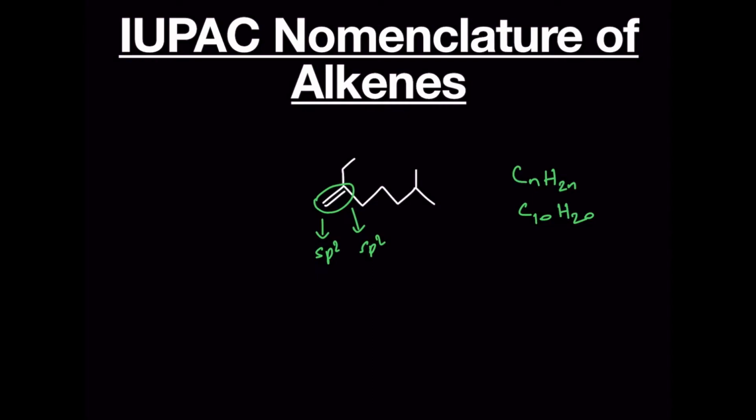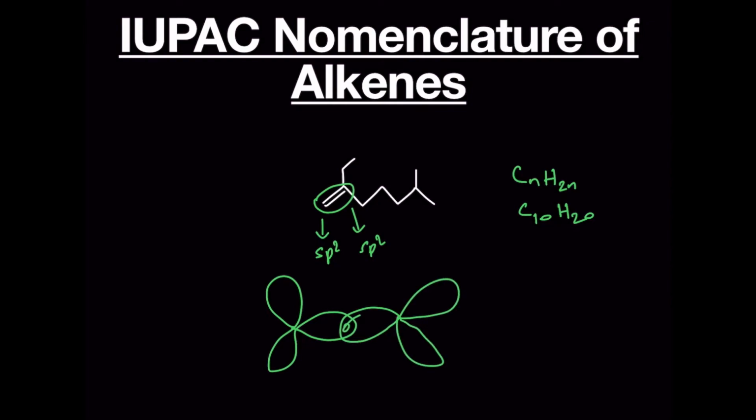The sp2 head-on overlap creates the sigma bond, and the sideways overlap of the p orbital creates the pi bond. This sideways overlap locks the molecule in a specific way, and therefore free rotation around the carbon-carbon double bond is not possible now.